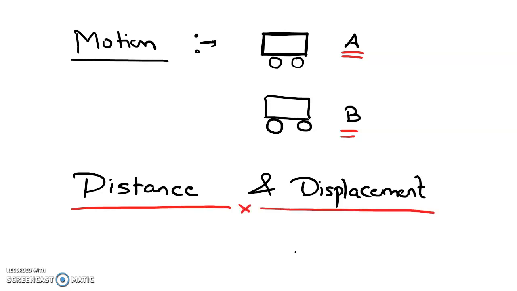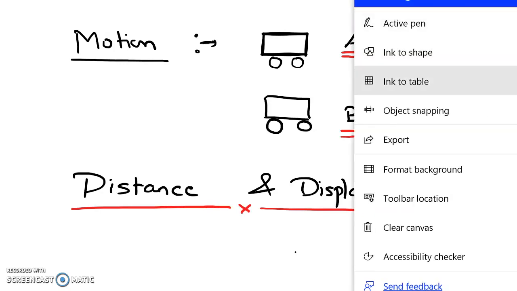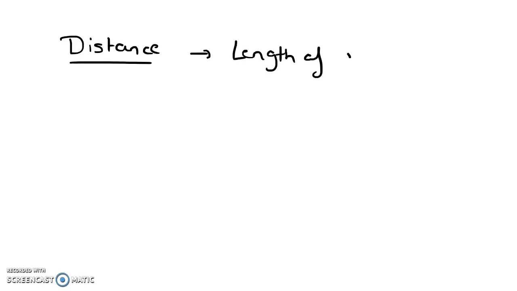Distance and displacement. I think you have encountered these terms before. So let's talk about each of them. If I'm talking of distance, what is distance? It is the length of the actual path traveled by a body.